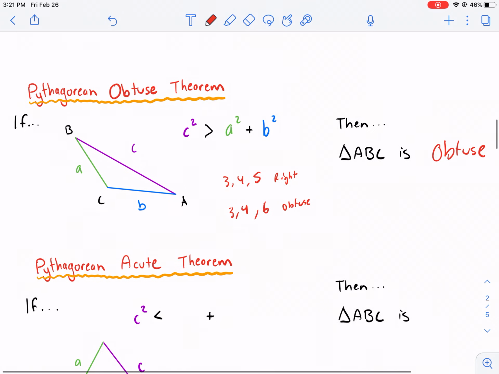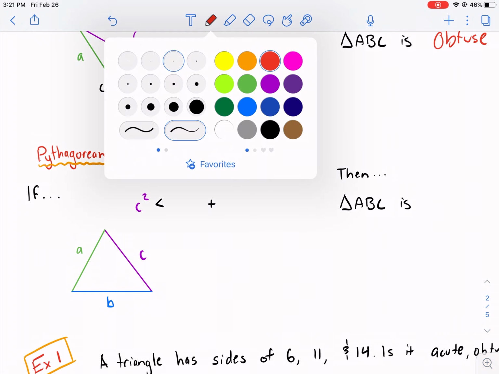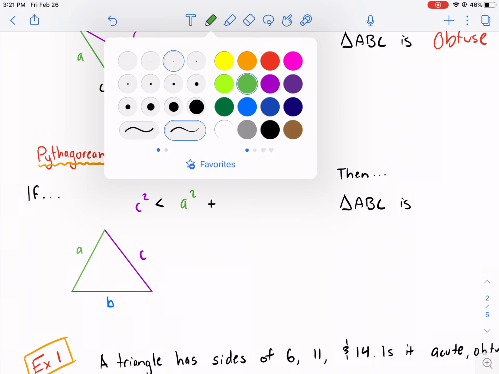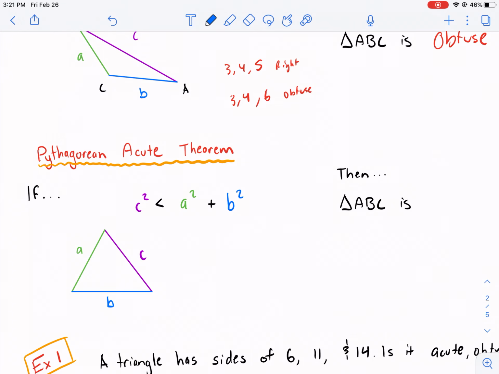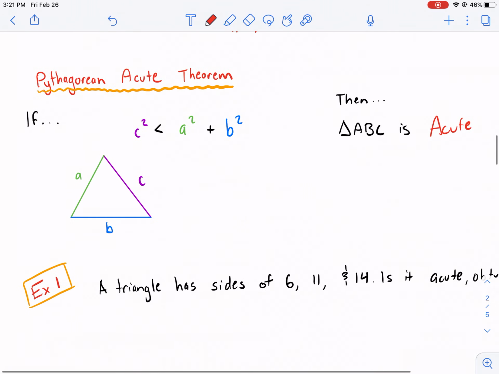And then the Pythagorean acute theorem: if c squared is less than a squared plus b squared, then ABC is acute. By the same token, let's go to another Pythagorean triple. 5, 12, 13, we know that is right because 5 squared plus 12 squared equals 13 squared.